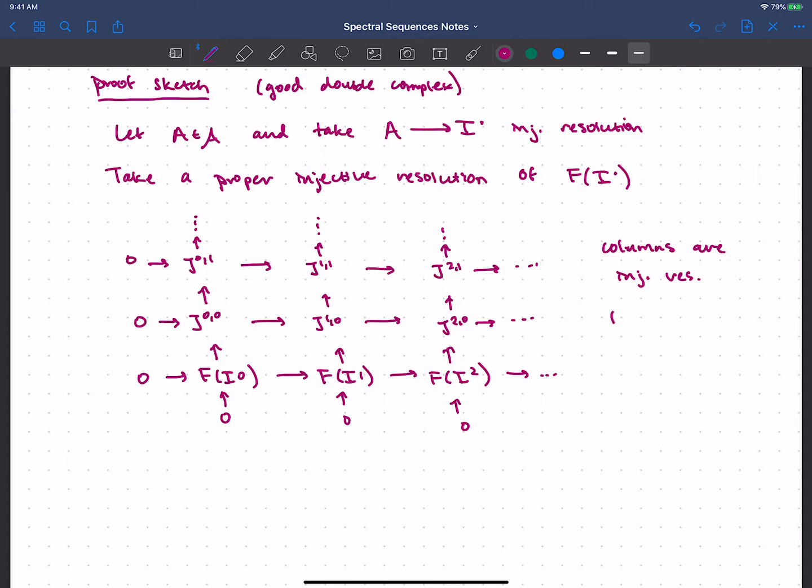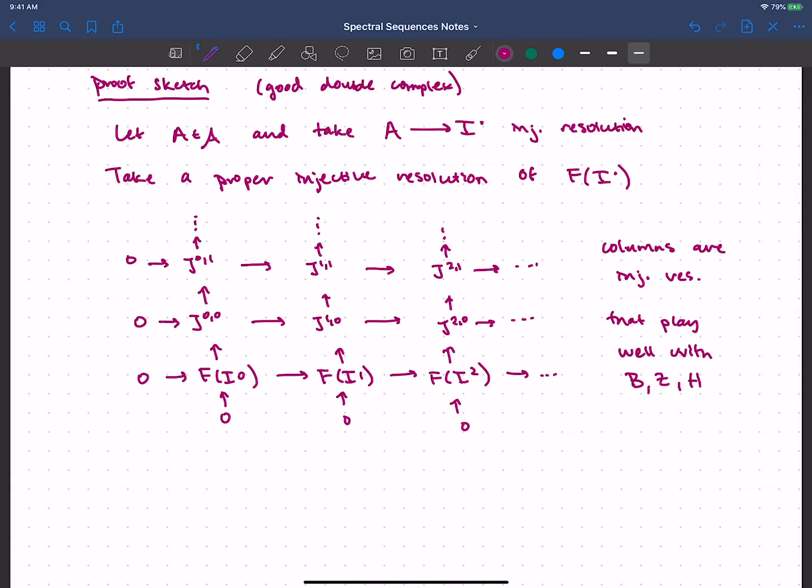And what makes it proper is that these play well with those double complexes B, Z, and H, right? So the co-boundaries, the co-cycles, and the cohomology. Okay, so when I restrict to the co-boundaries or the co-cycles, it's still an injective resolution. When I take the cohomology with respect to the horizontal differentials, still an injective resolution of this whole complex.